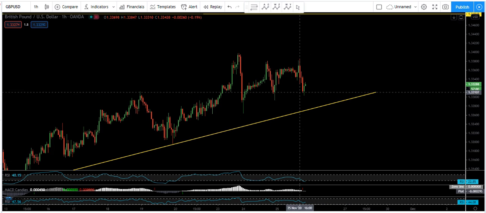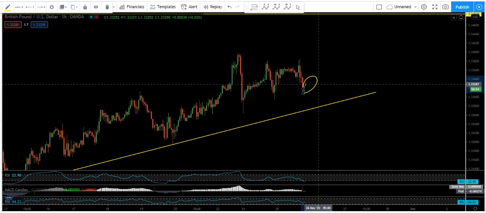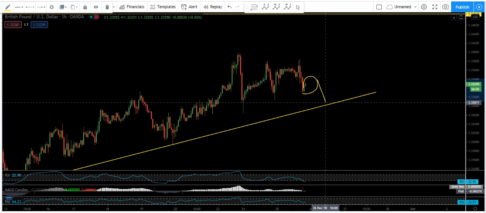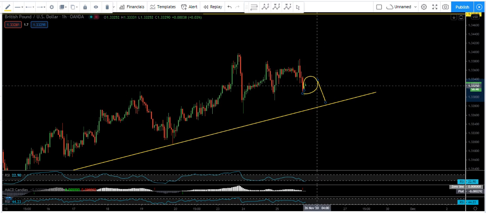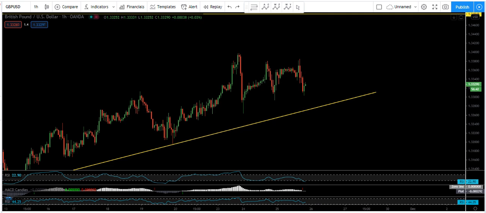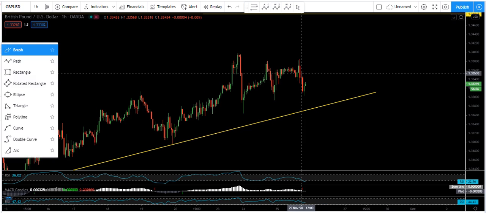The other option, if we get any correction here and a sell setup, we can also sell it. But when the price comes to this trend line, it's very close to the trend line, so we need to start to manage it. That's why if we get any correction from here, we need to be quite careful. The best thing is if the price comes to this high, and from there we get the down move.